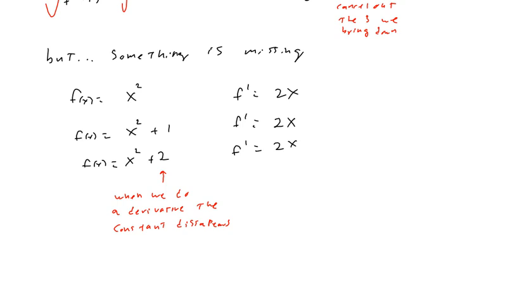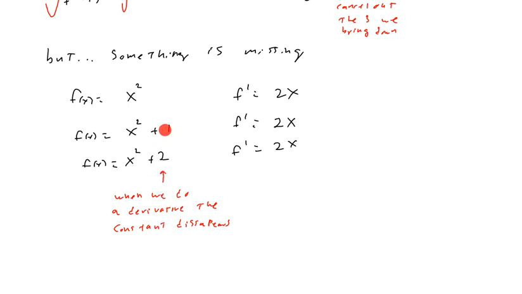So this is a problem for us if we want to try to go backwards. Because if I say my derivative is 2x, which original equation did I start with? Was it this one, or this one, or this one, or some other constant? Or maybe I did a subtraction. Maybe it was minus 100. Maybe it was plus 1,000.